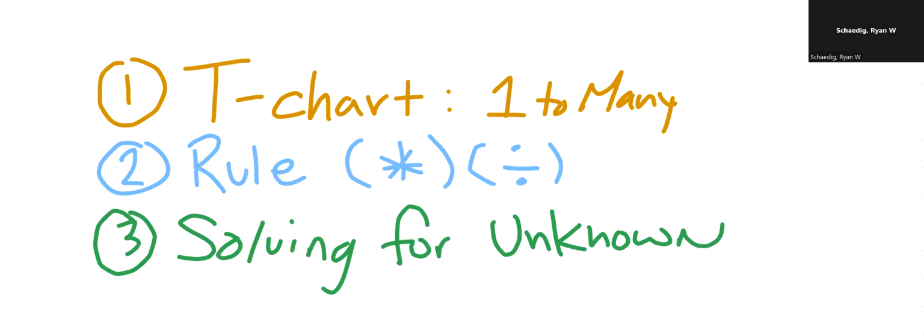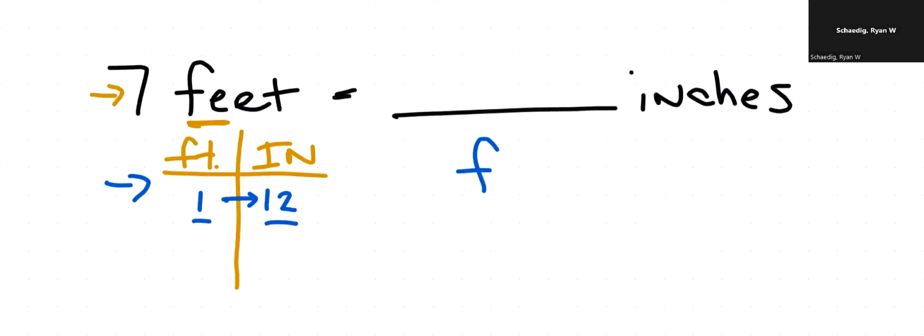And if we look at what we're talking about with our rules, we know that we're either multiplying or dividing. So if I go back to the work and I see that I'm going from 1 to 12, that tells me that I am multiplying. I'm going to get larger. I'm going to take my feet and multiply by 12, and that's going to get me my inches.